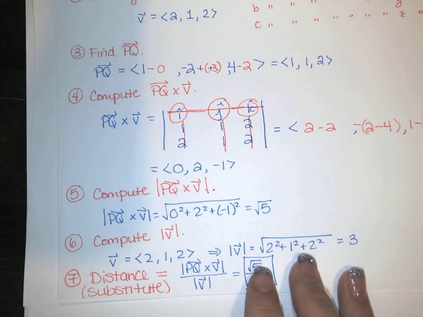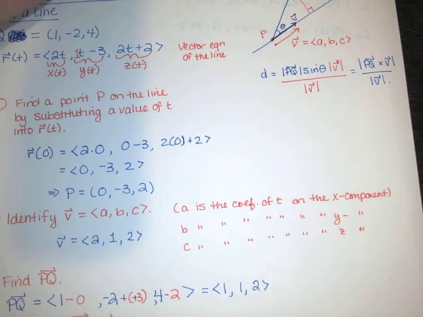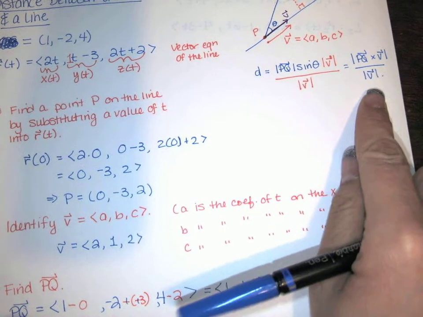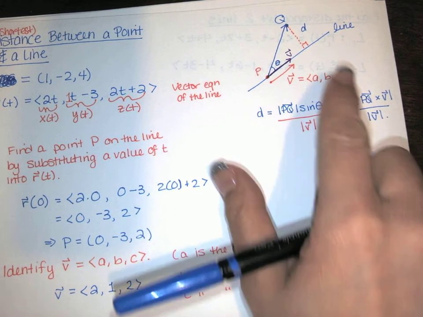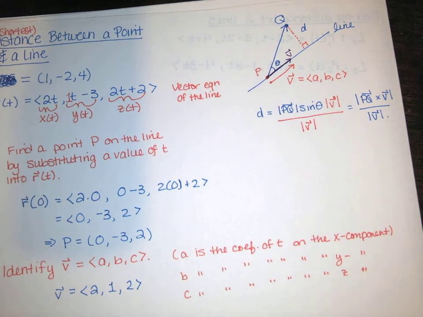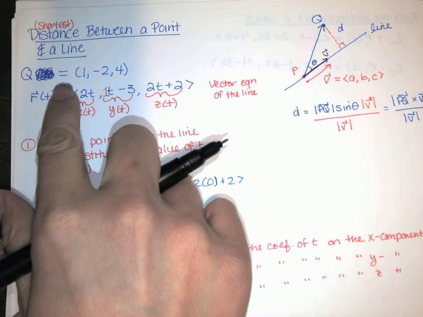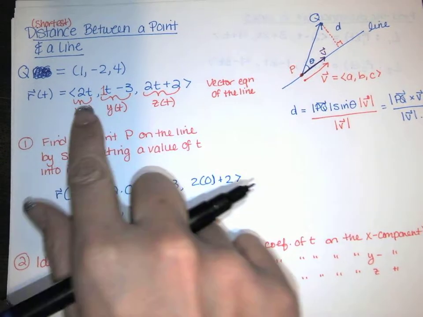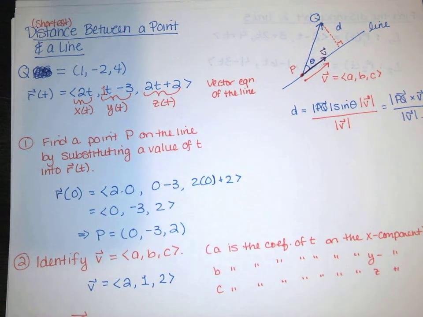Alright, that's a lot of steps. But remember, you're going to have this formula on your sheet. I highly recommend having this formula on your sheet and a picture like this to remind you. I'm going to give you Q, and I'm going to give you either the parametric equations of the line or the vector equation of the line.